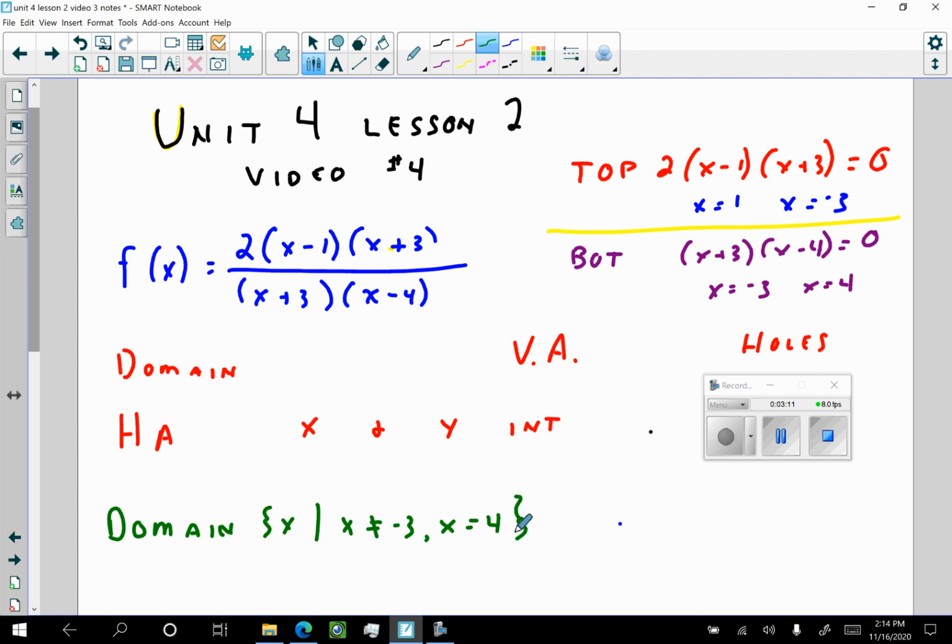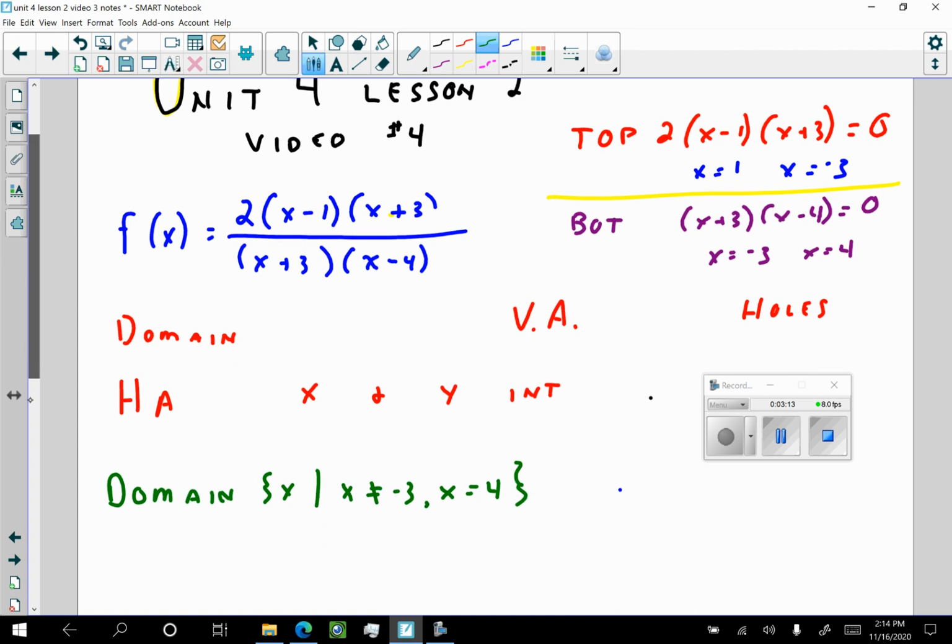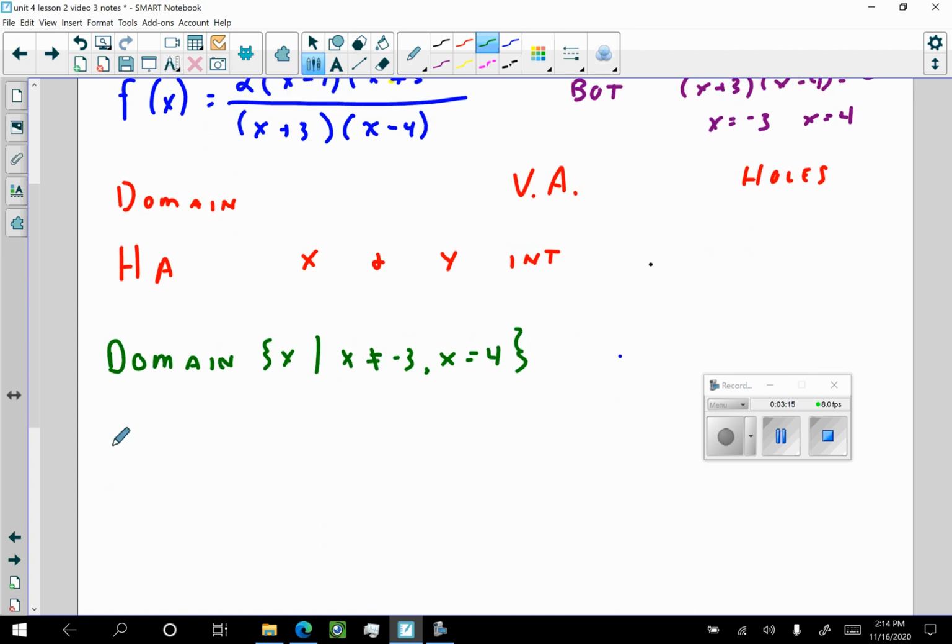Next thing, we're going to find the vertical asymptote of that function. Vertical asymptote. And when do vertical asymptotes happen?